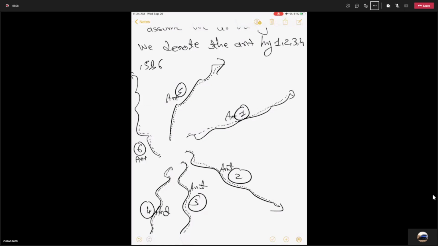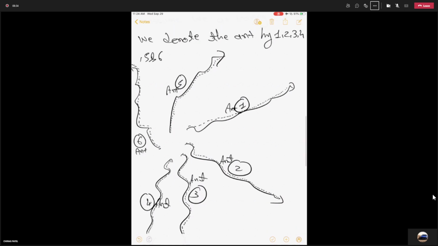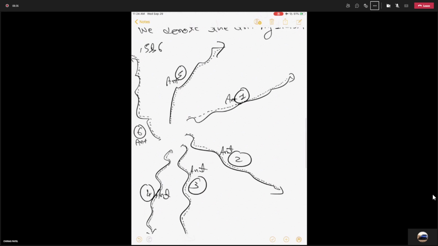I am drawing these pheromones because you people need to understand what exactly happens in this algorithm, right? And assume that this ant has found the food source. It has reached over here, and now it has found the food source.